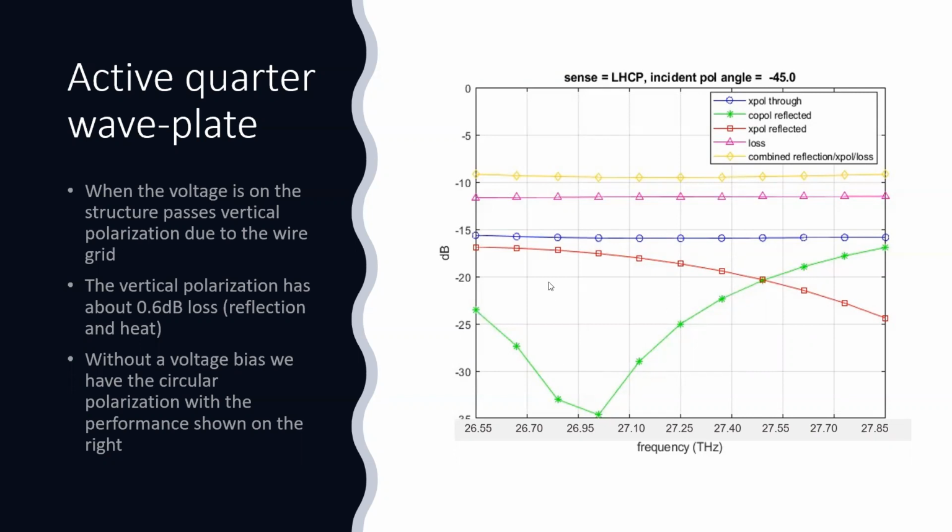There's some attenuation loss in the liquid crystal and glass. When you combine all these losses together, you end up with this yellow curve that is about 9 dB down. So that's about 12% of the energy lost due to the reflection and attenuation loss, and the rest of it is passed as circular polarization.